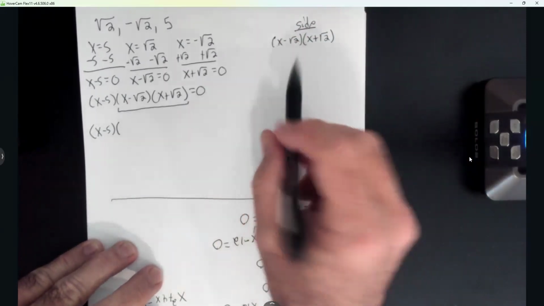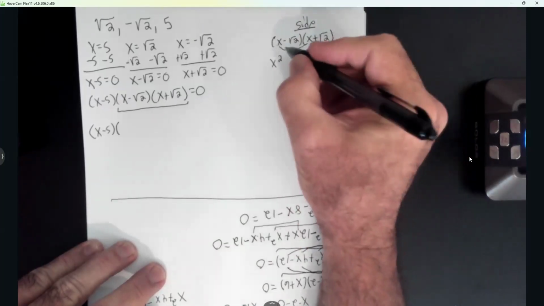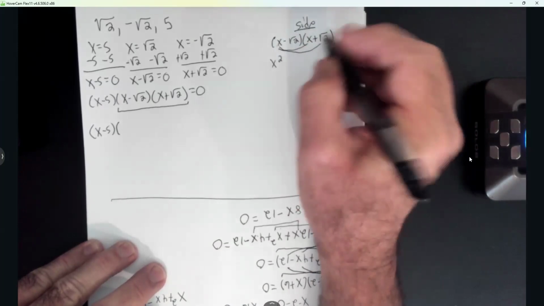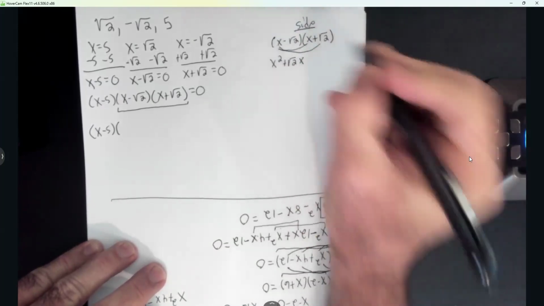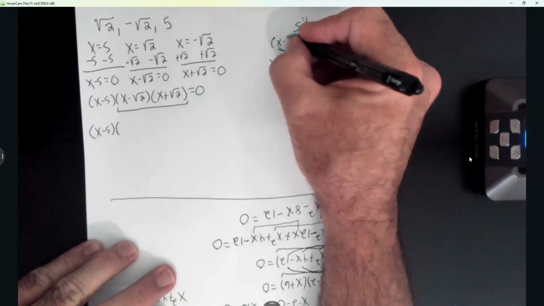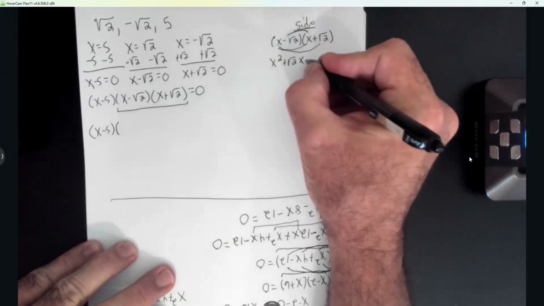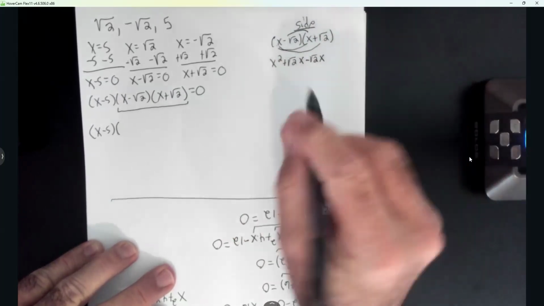So x times x is the x squared. X times square root of 2 is a positive square root of 2 times x. Then I've got a negative square root of 2 times x.